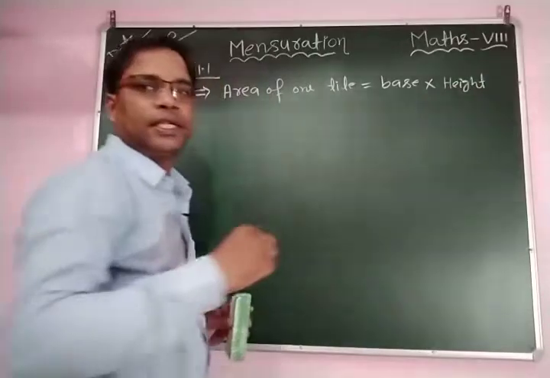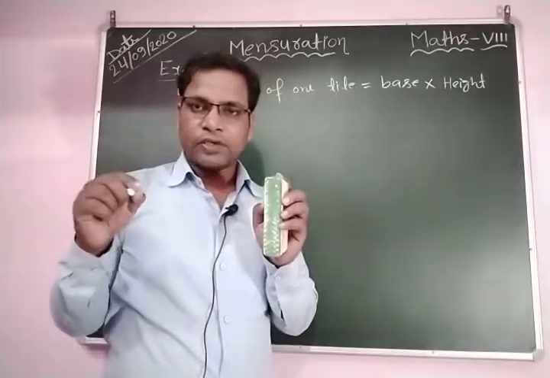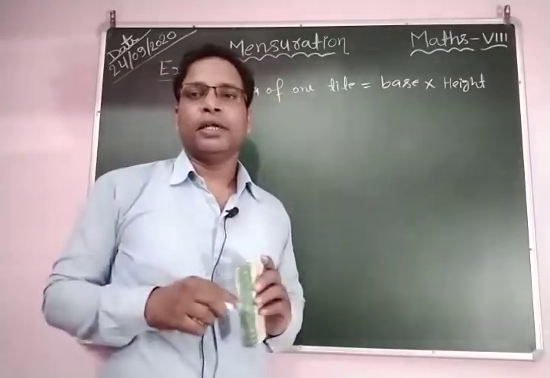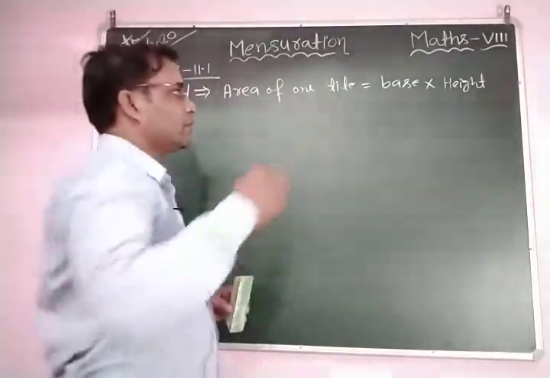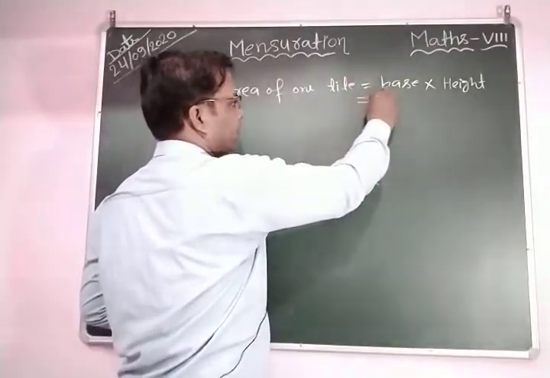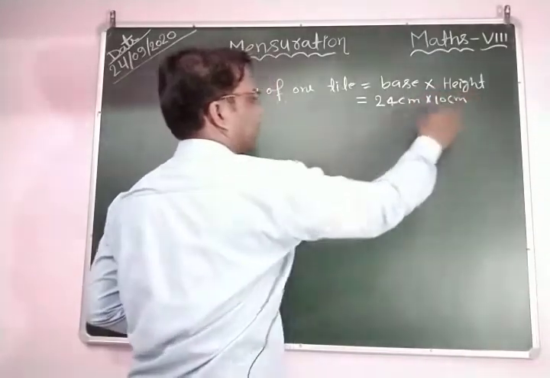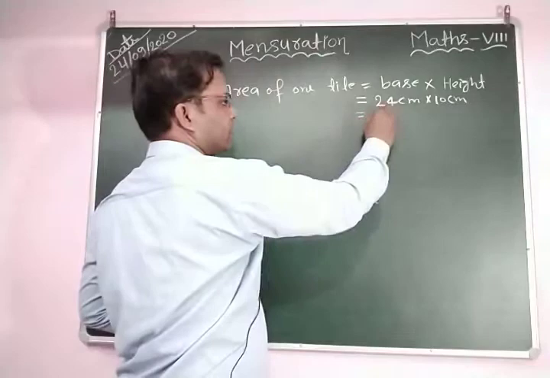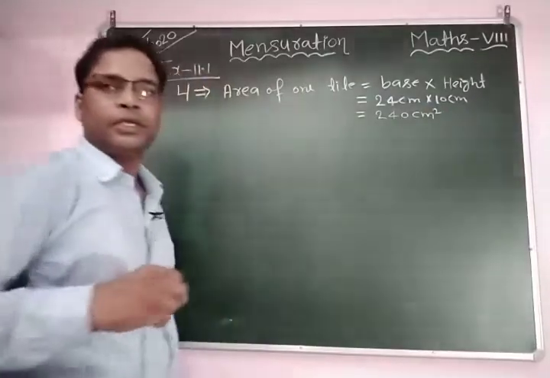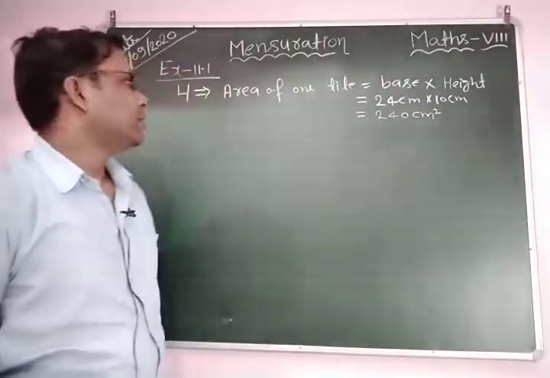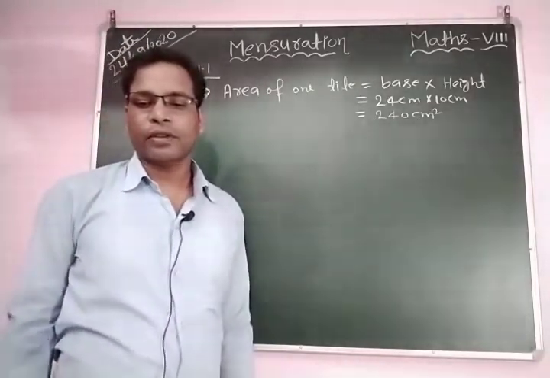Height is the altitude, or the distance between two parallel lines. In this case the base is 24 centimeter and the height is 10 centimeter. So this is equal to 240 centimeter square. This is clear now.